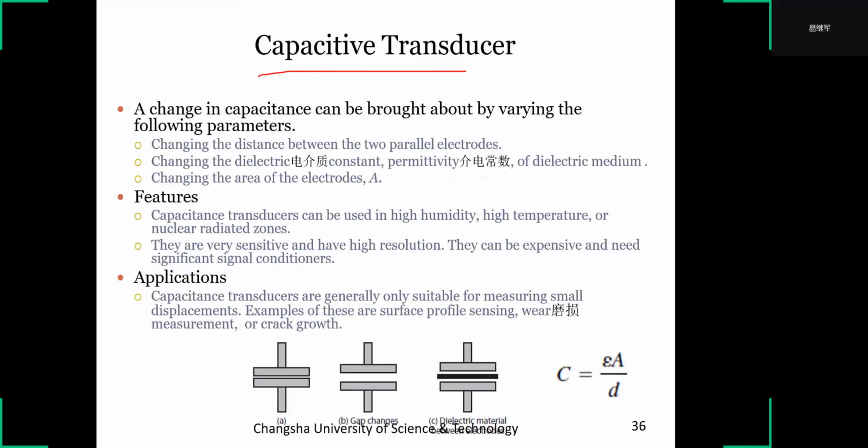A change in capacitance can be brought about by varying the following parameters: change the distance between two parallel electrodes, or change the dielectric constant.